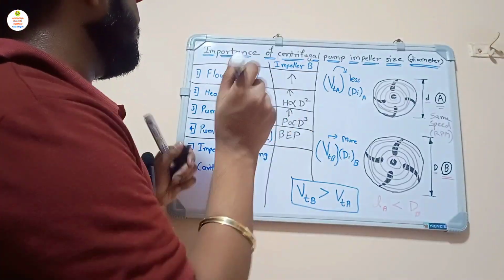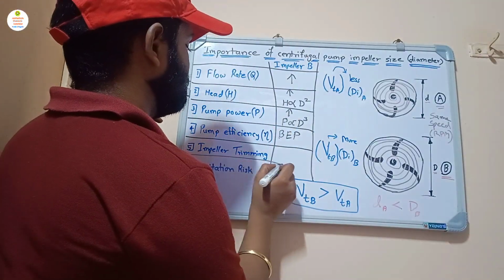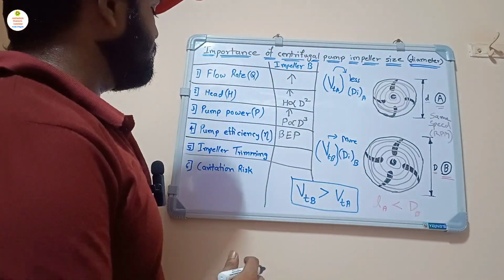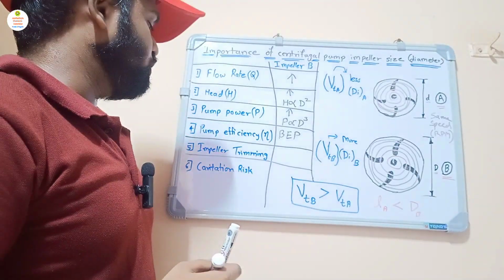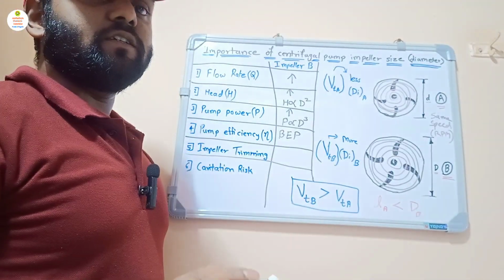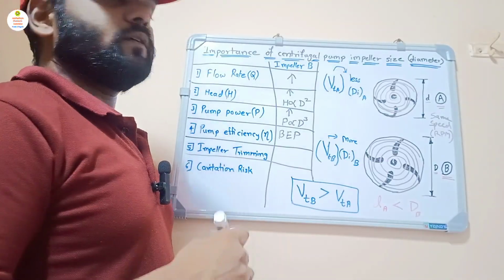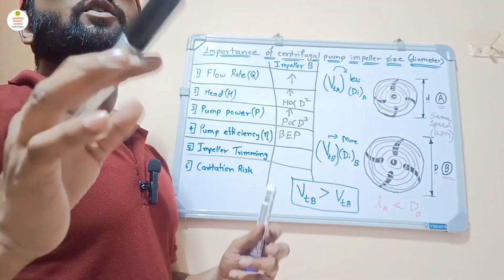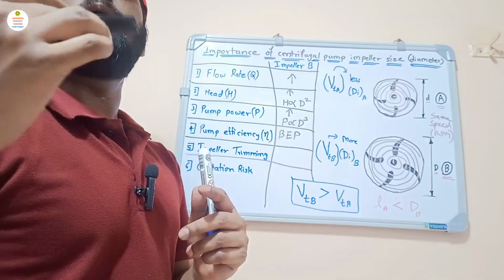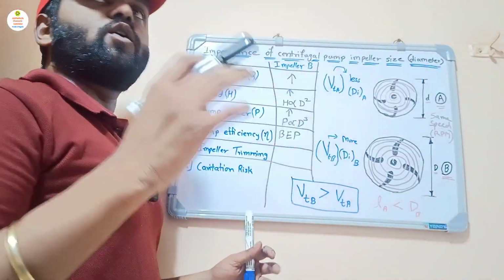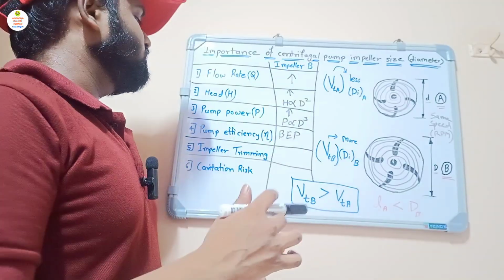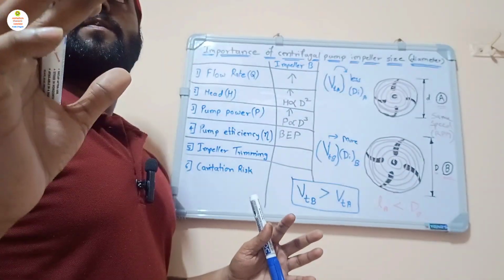Now let's see impeller trimming. What is impeller trimming? Manufacturers trim the impeller's diameter, or reduce the impeller diameter, to meet certain head and flow requirements while keeping the same pump model.